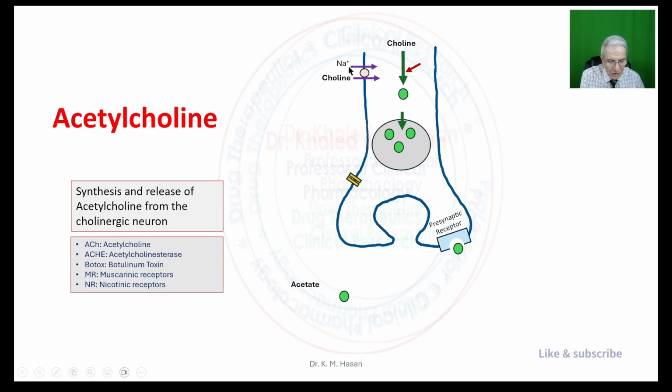The choline and sodium enter the neuron through the cotransporter, and with the availability of acetyl coenzyme A and the enzyme choline acetyltransferase, we have the formation of acetylcholine. So this is the first step, synthesis of acetylcholine.